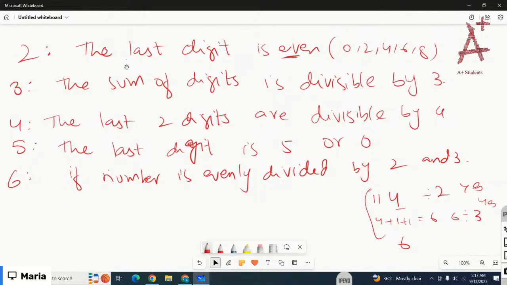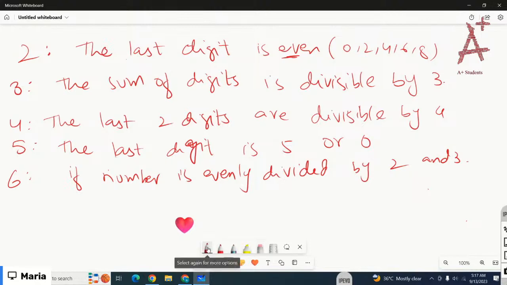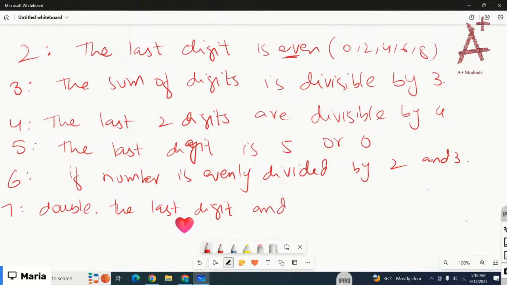Okay, the next one is the divisibility rule for 7. The divisibility rule for 7 is: double the last digit and subtract it from the number made by the other digits.